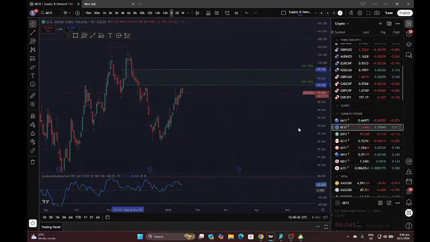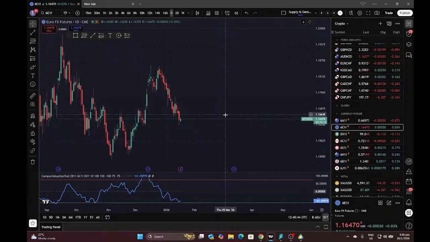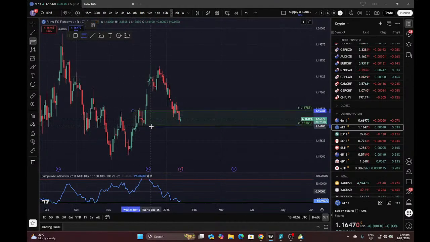And let's look at the euro as well. On the euro side, okay, this looks like one of the demand zone, sorry, and it's way undervalued here.